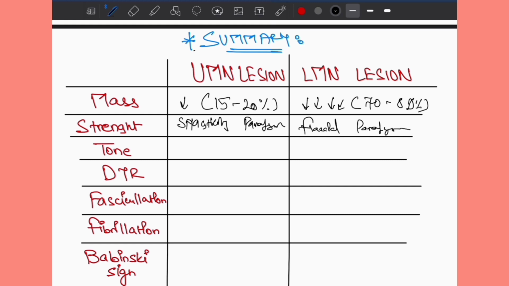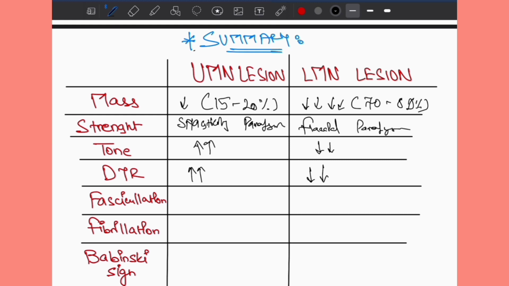Talking about the tone, the tone in upper motor neuron lesion was increasing, meaning hypertonia was occurring, and in lower motor neuron lesion it was decreasing, and thus it is called hypotonia. The DTR, the deep tendon reflex, is increasing, meaning hyperreflexia is occurring in upper motor neuron lesion, and hyporeflexia was occurring in lower motor neuron lesion.